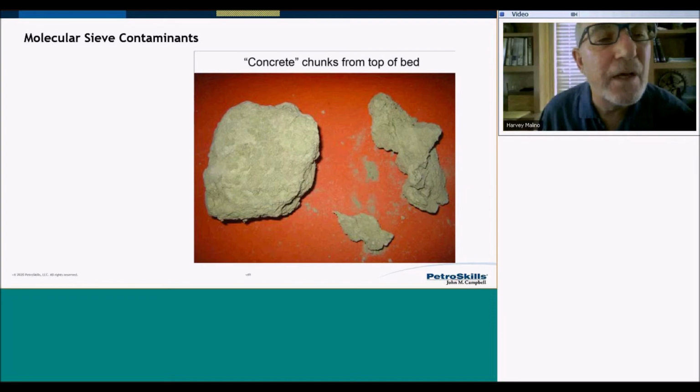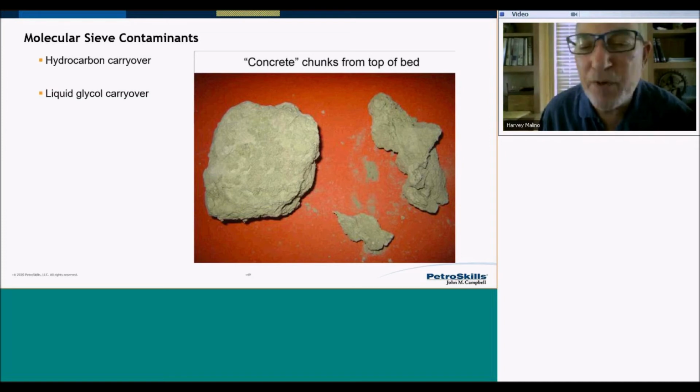Contaminants. We talked a little about the contaminants. We said that the hydrocarbon carryover is going to crack. Liquid glycol carryover is similar to heavy hydrocarbon carryover. Amines, that's a bad thing.